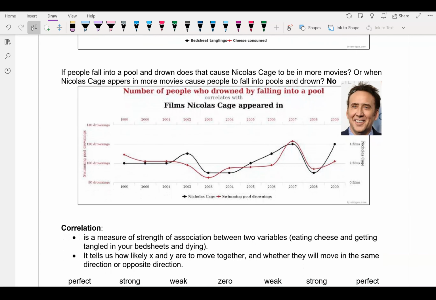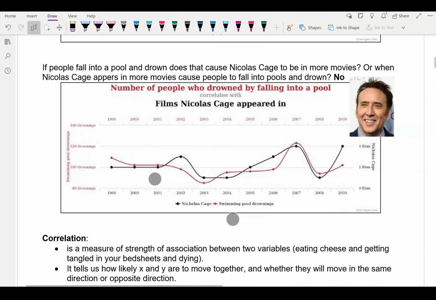If people fall into a pool and drown, does that cause Nicolas Cage to be in more movies? Or when Nicolas Cage appears in more movies, does that cause people to fall into pools and drown? Well, no, I don't think so. But if you look at this graph, it might suggest that they're going up together and coming down together. So does that mean that they are causing each other?